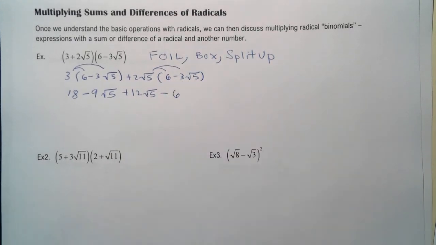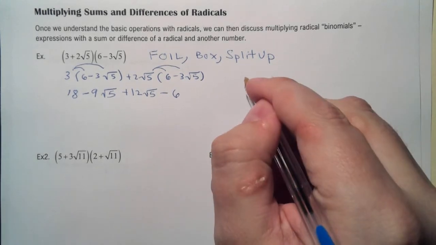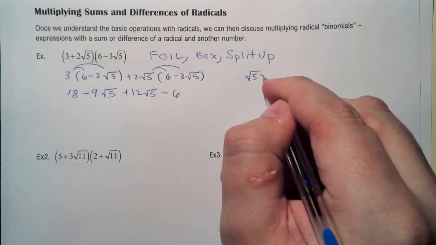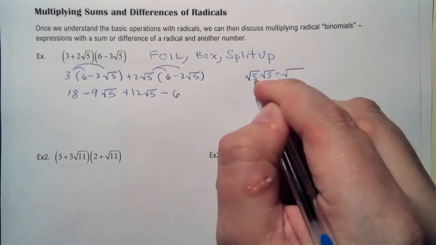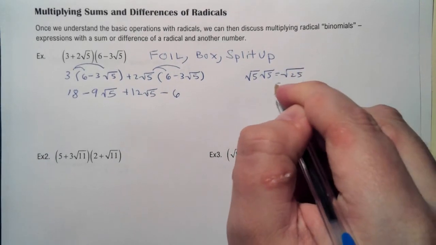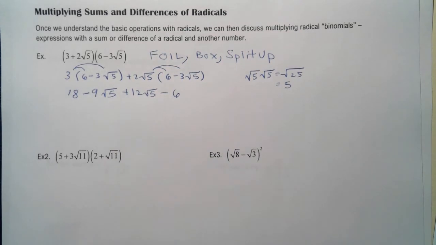And what is the square root of 5 times the square root of 5? Now, if you understand the way we work with radicals, you know that the square root of 5 times the square root of 5 is the square root of 5 times 5, or 25, which is 5.